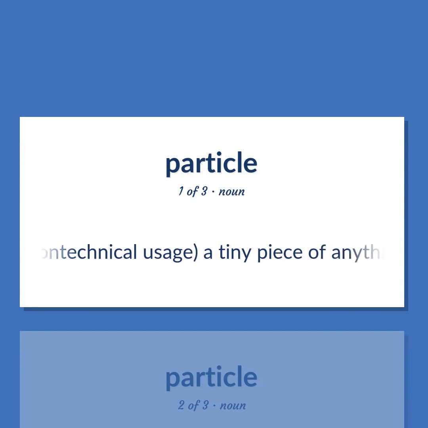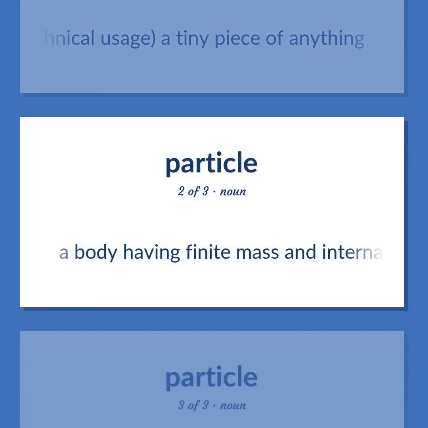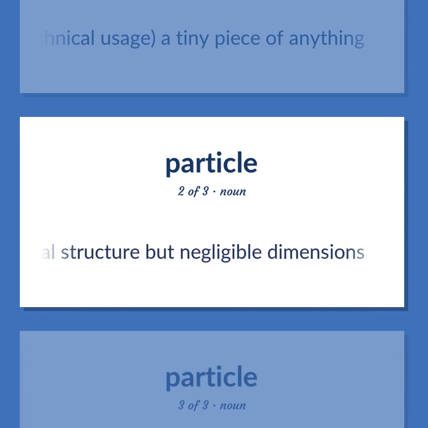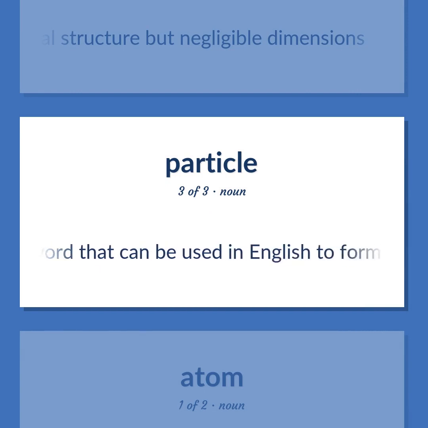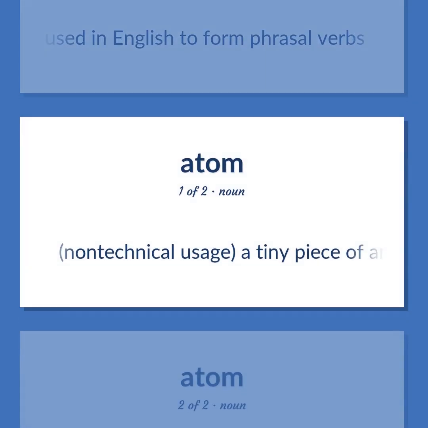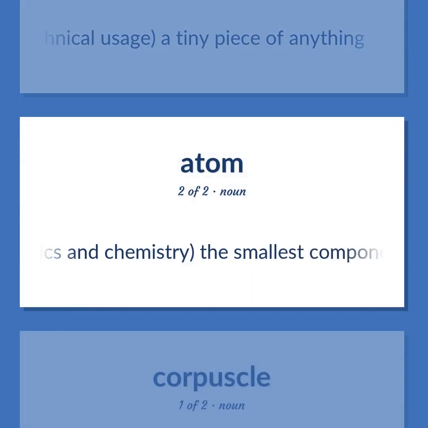Non-technical usage, a tiny piece of anything. A body having finite mass and internal structure but negligible dimensions. A function word that can be used in English to form phrasal verbs. Physics and chemistry, the smallest component of an element having the chemical properties of the element.